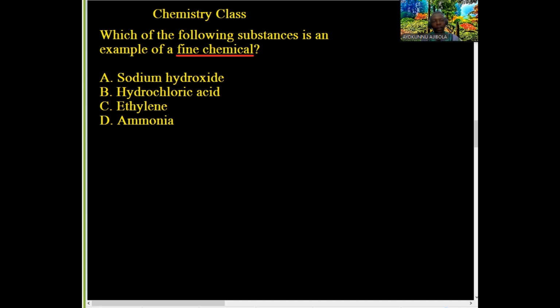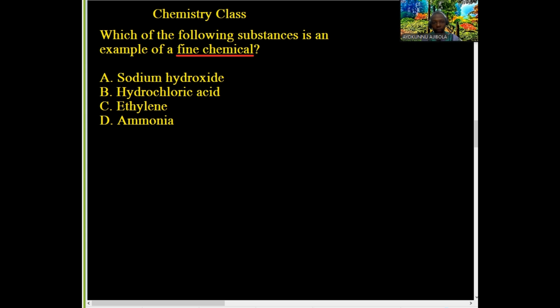That's one. Then fine chemicals are produced in smaller quantities with higher purity level. They call them fine chemicals because of the purity level. If anything goes wrong with their production, it can have devastating effects. They are used in research and in pharmaceuticals, that is, in drug production.